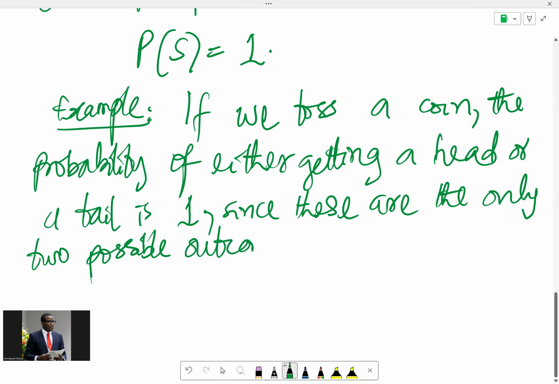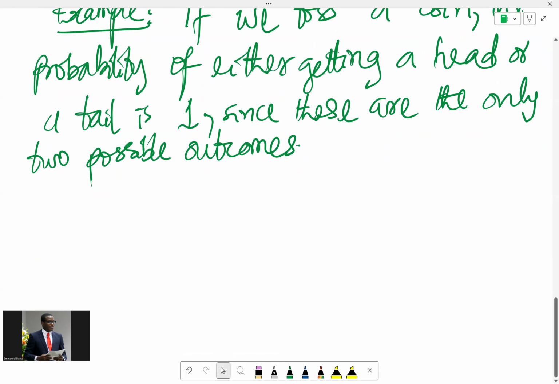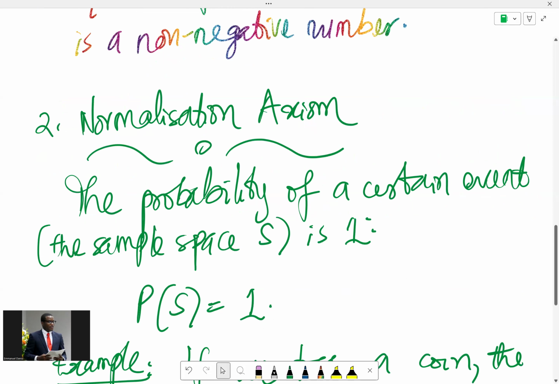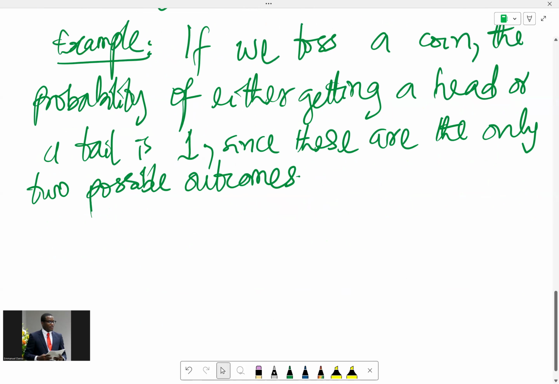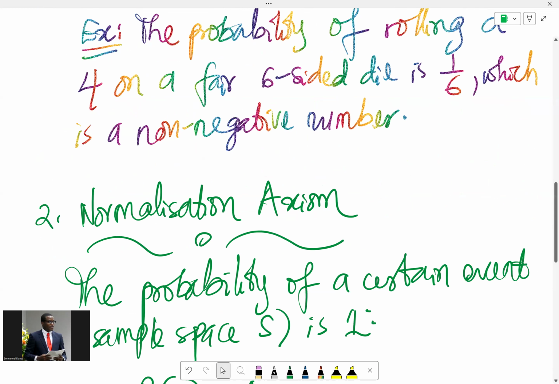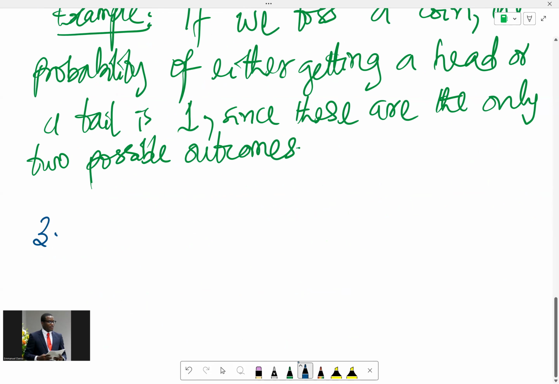That simply means that the probability of the whole sample space is always 1.